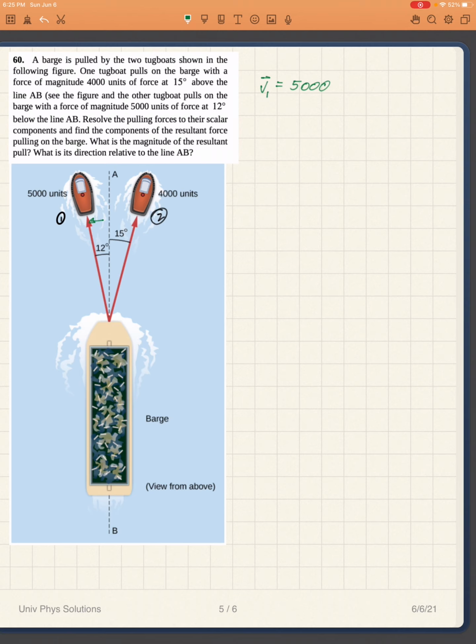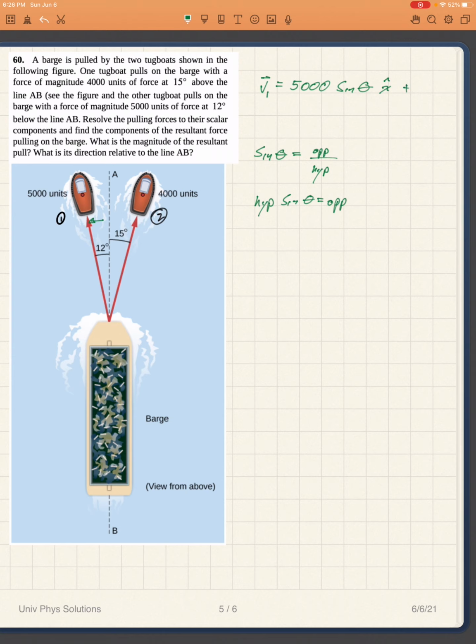If the sine of theta is equal to the opposite side over the hypotenuse, then I can solve for the opposite side, which in this case would be my x component, by simply multiplying the hypotenuse times the sine of theta. So that's why I had the 5,000 here, and all I need to multiply then is times the sine of theta, and that is the x component of vector 1.